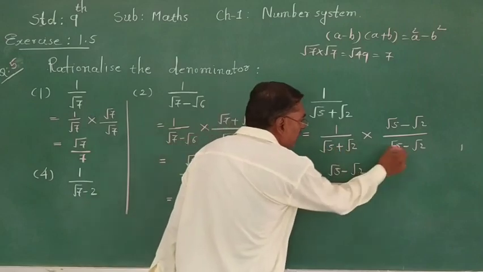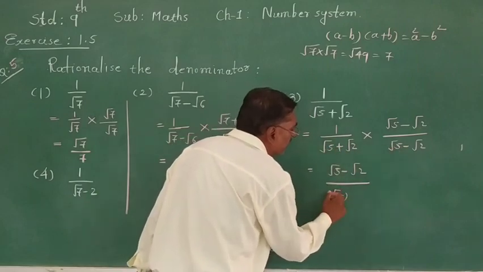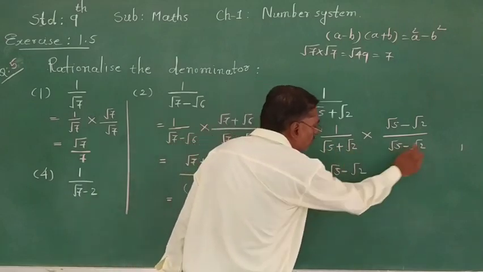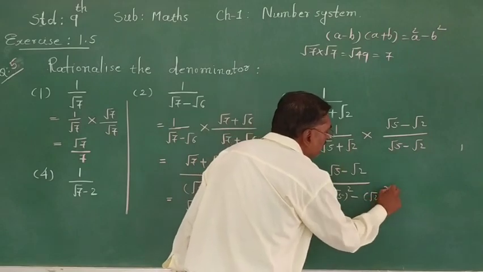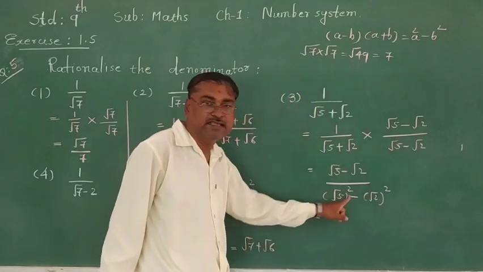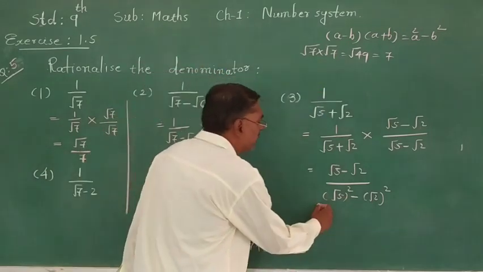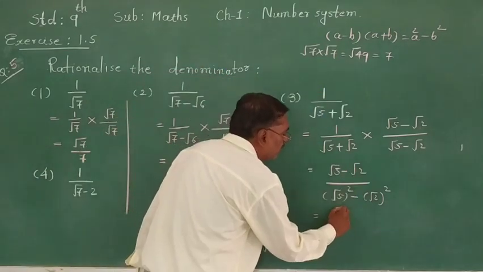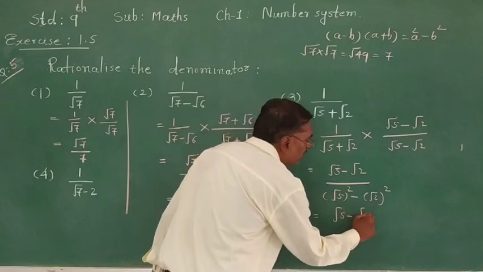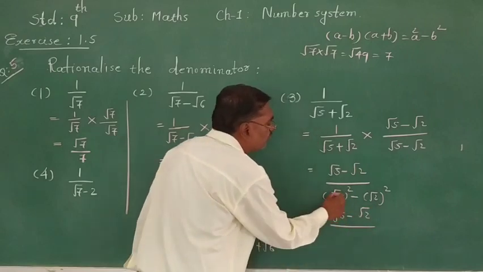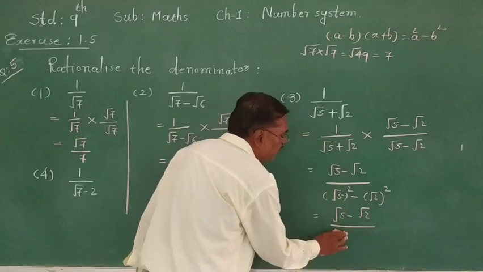Now, root 5 and root 5, so we can write root 5 square, root 2 and root 2, that is root 2 square. There is minus in between these two terms according to the formula. What will we obtain? Root 5 minus root 2 upon root 5 square, which is 5.